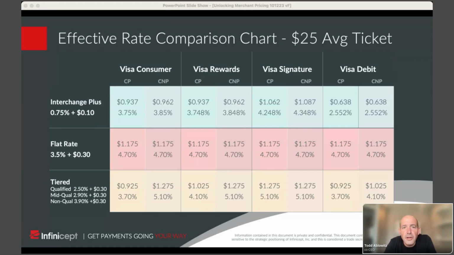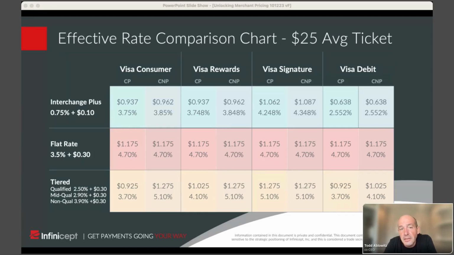But you can see that for interchange plus, many of these transactions, you notice that consumer and rewards for these particular transactions happen to be the same. But Signature was more expensive by a fair amount, like 10 cents more expensive, and debit was less expensive. And because of that, if you add just this interchange plus, you're going to have a little bit different rate for many of these transactions.